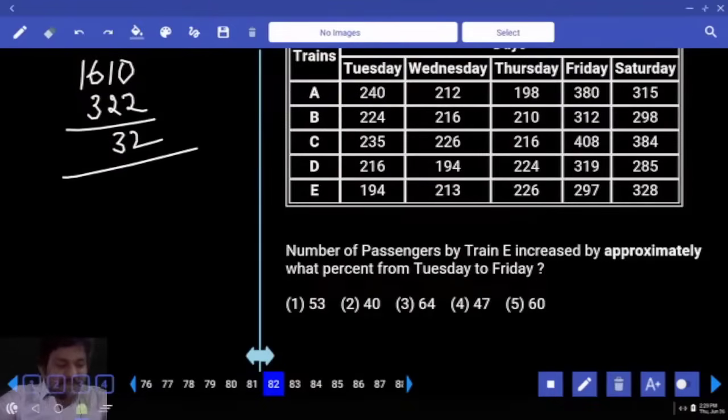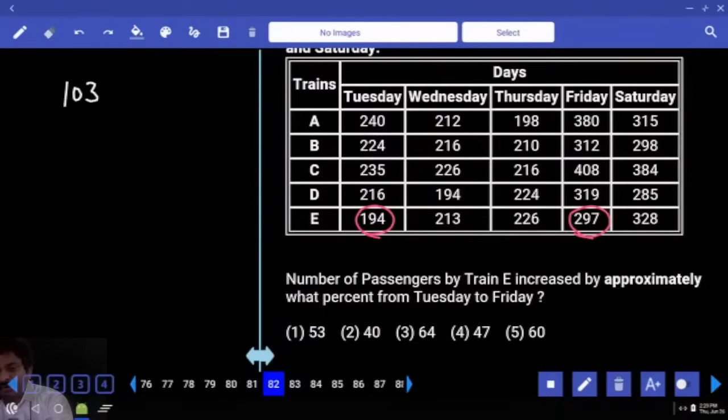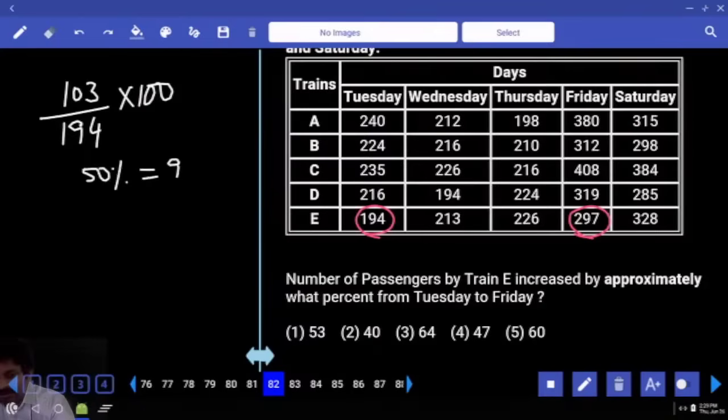Number of passengers by train E increased by approximately what percentage from Tuesday to Friday? Train E, Tuesday to Friday. 194 becomes 297. Increased by 103 from 194, percentage into 100. Just go and verify options. 50, 60 somewhere. Got it? What is 50 percentage of the denominator? 97.